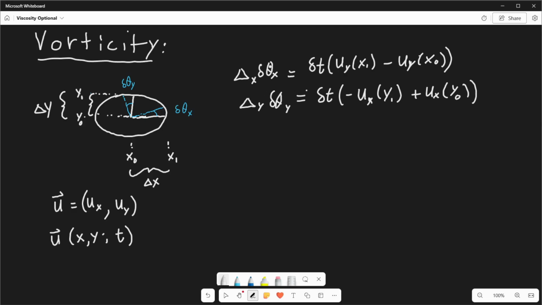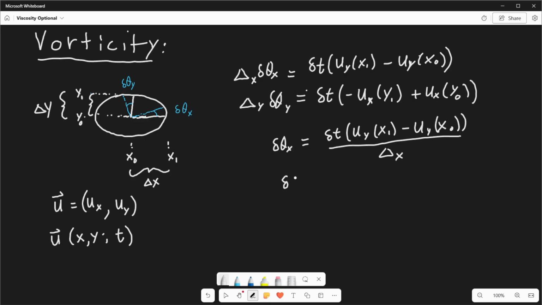Okay, so rewriting this again, just going to take this over to the other side. So we have delta theta equals delta t, everything that's up there before, uy at x1 minus uy at x0, and then divided by delta x.